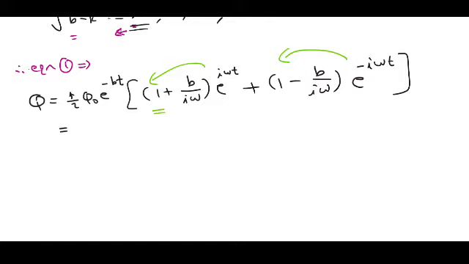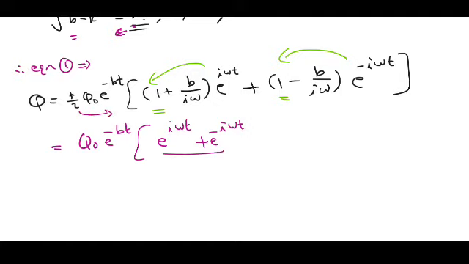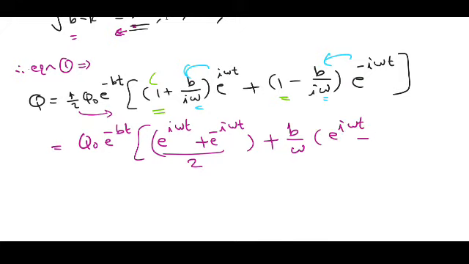Then I arrange these two terms together, that is, this will be equal to q0 e power minus bt, and here e power i omega t plus e power minus i omega t, then this 2 I bring inside, then this will be 2, plus, next we have the other two terms, from which I take b by omega only outside, that is b by omega, then I have e power i omega t minus e power minus i omega t divided by 2i.